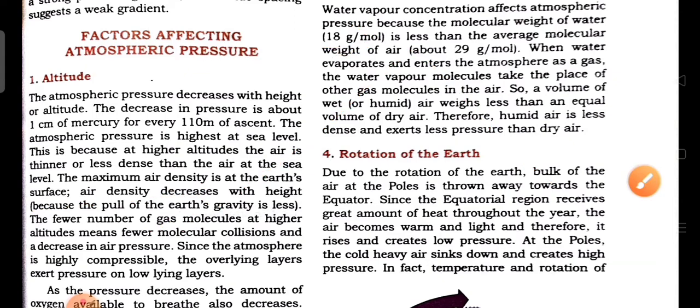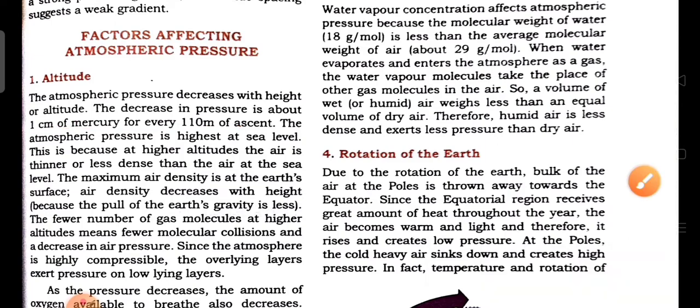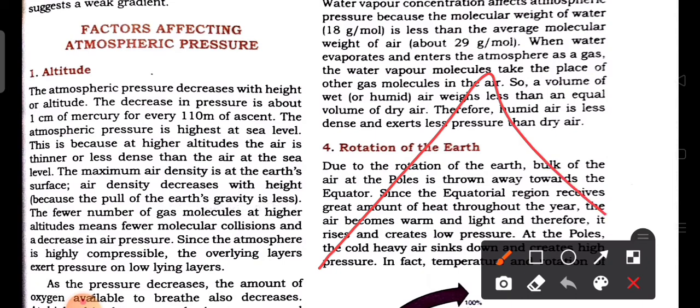The decrease in pressure is about 1 centimeter of mercury for every 110 meters of ascent. So if we go to the mountain areas, then with an increase in height of 110 meters, the air pressure decreases by 1 centimeter.